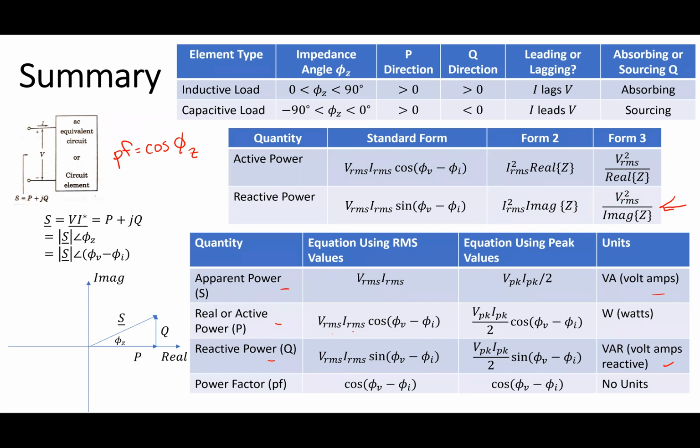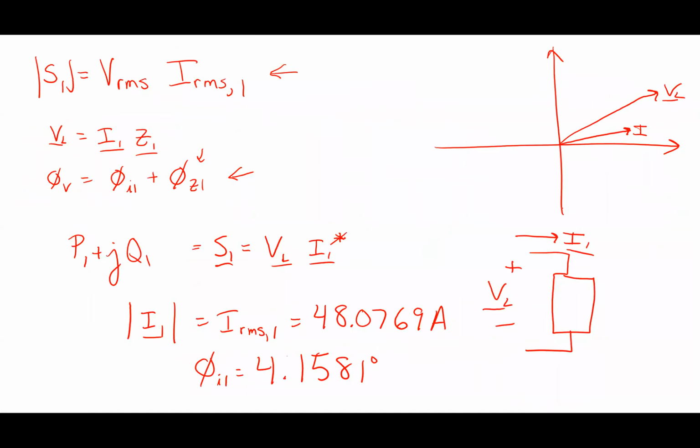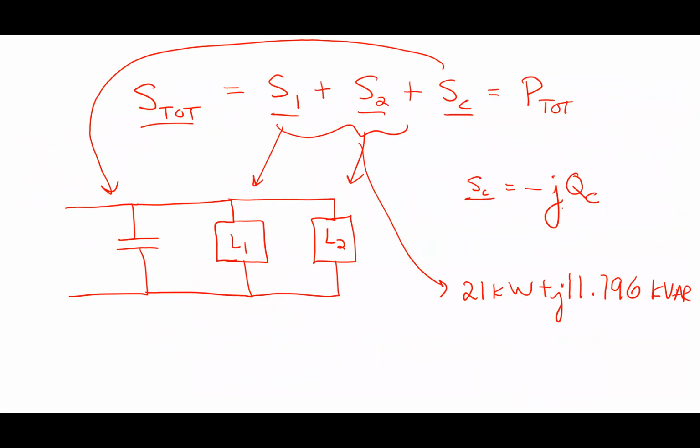So what I have is VRMS squared divided by the imaginary part of the impedance is equal to Q. So that tells me that QC is equal to the voltage magnitude squared divided by the magnitude of Z sub C, like that. Or it doesn't even need to be the magnitude, so actually the signs will cancel out.